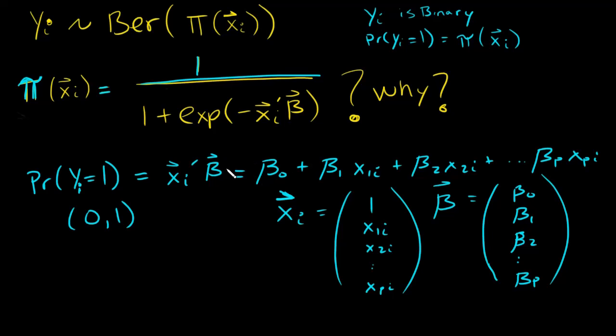So why not just have the probability that y equals 1 equal this? Well, this is not restricted to be between 0 and 1. This looks like a linear regression, and you can do that.